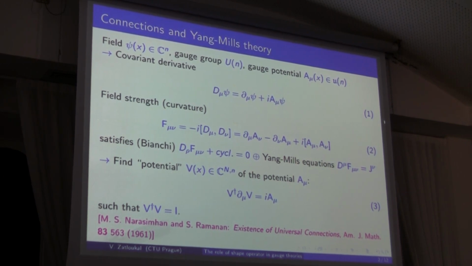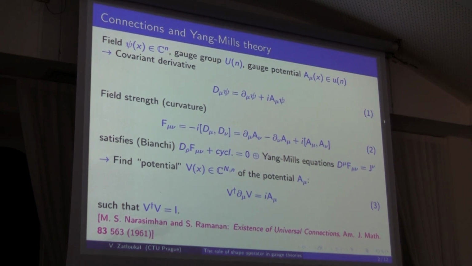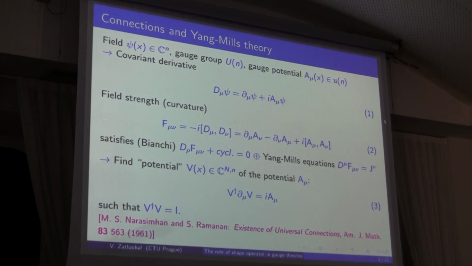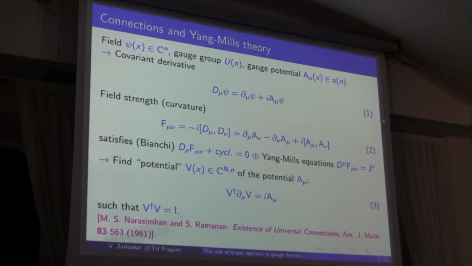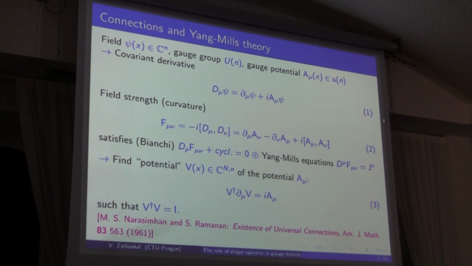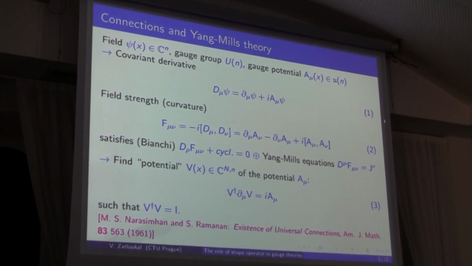And my talk basically relies on this fact, equation 3, that this equation has a solution for the quantity V, which is a rectangular matrix valued field that has little n columns and capital N rows. So for N large enough and any potential A_mu, one can find such a matrix valued function.